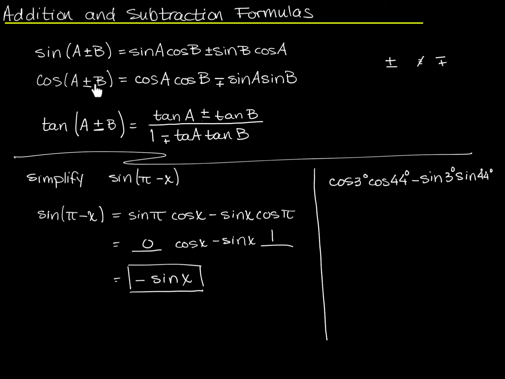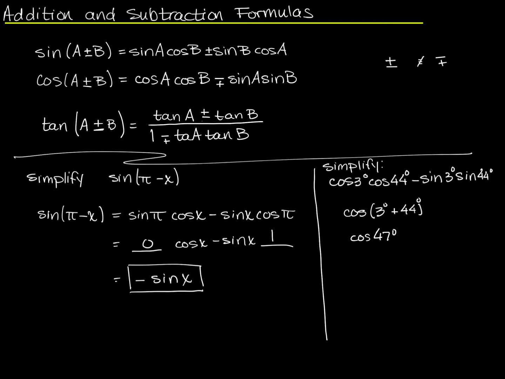Because I'm given it in that form and asked to simplify, I'm going to write it as the left-hand side of the formula, which is the cosine of 3 and 44, put my degrees on there. And if I have a minus in the long version of the formula, then I have a plus in the short version. So that gives me the cosine of 47 degrees.